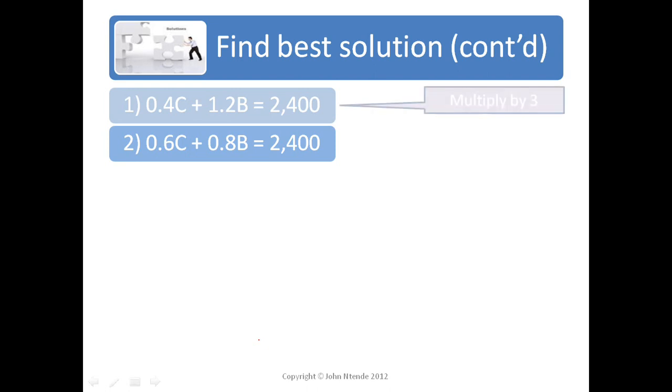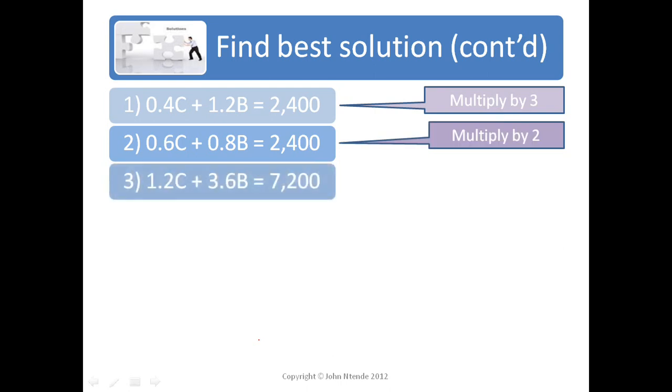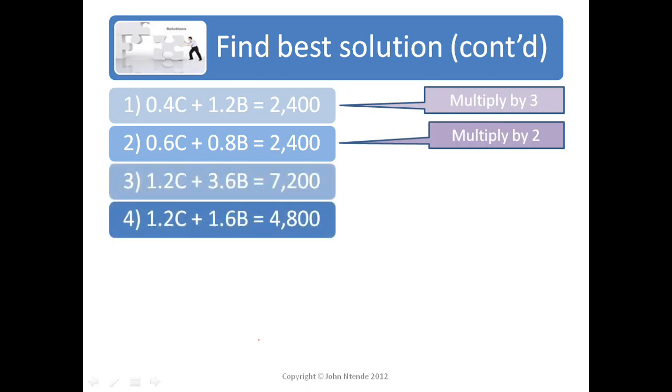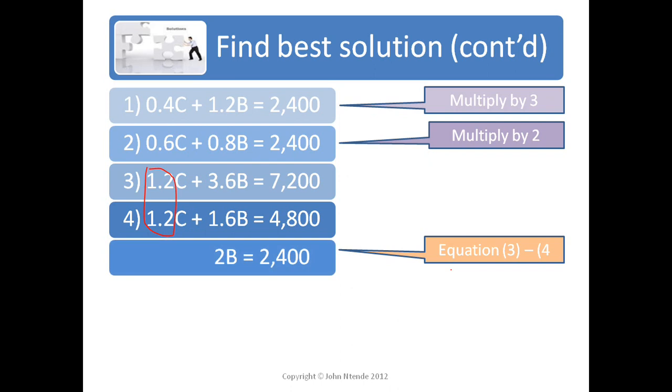So we multiply the first equation by 3 and the second equation by 2, which gives us equation 3 and equation 4. So you can see that the figure before C in equation 3 and 4 is the same. So if we subtract equation 4 from equation 3, we end up with 2B is equal to 2,400.